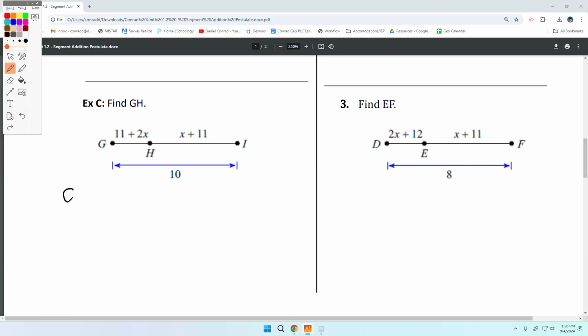You have GH plus HI equals the whole thing, which is GI. So we get 11 plus 2x plus x plus 11 equals 10, right? When we substitute it in and combine like terms, we get 3x plus 22 equals 10.